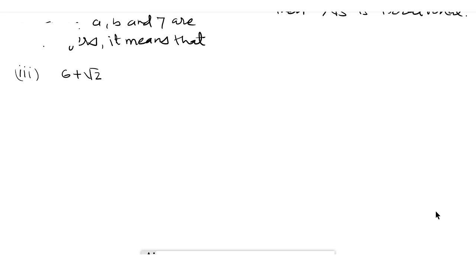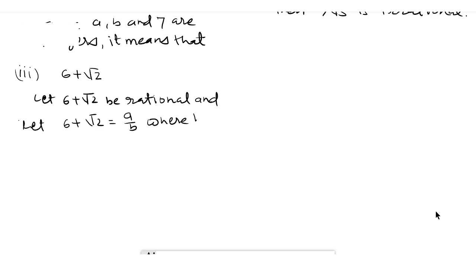Part 3, we have to prove that 6 plus root 2 is irrational. Again we prove it by method of contradiction. Let 6 plus root 2 be rational and let 6 plus root 2 equal to a upon b, where b is not equal to 0 and a and b are integers.